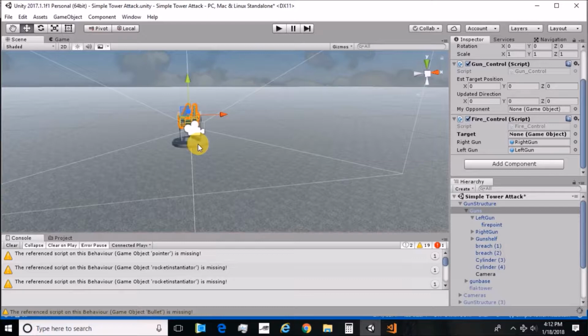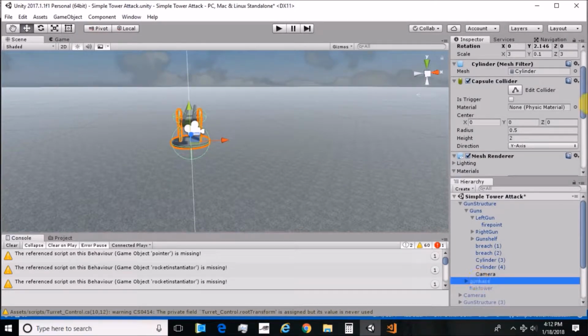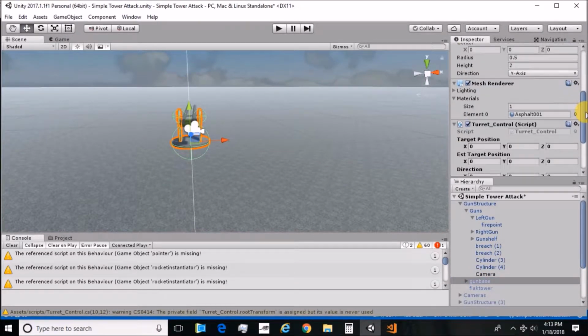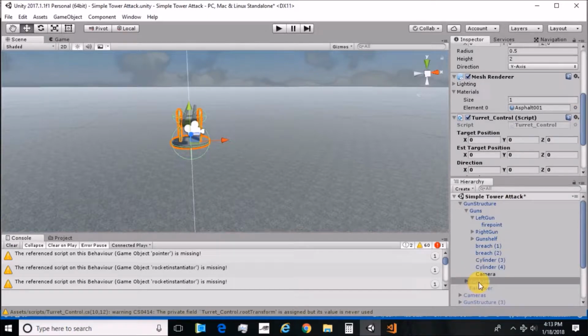The reason for its complexity is because, as I noted before, the main function of the turret control script itself, which is attached to the gun base, it could have been called gun base control, but I could also call this turret, since it's the thing that turns along the y-axis.